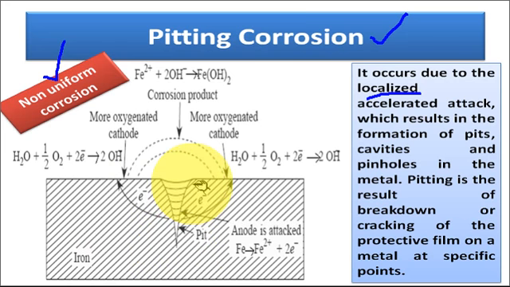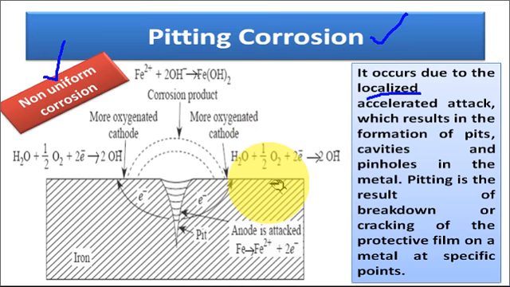Pitting may be caused by any of the following reasons. What are these reasons? First is the non-homogeneous external environment. That means a single metal is in contact with a non-homogeneous environment. That means somewhere at the metal surface some reagent, chemicals or electrolyte solution is present, and somewhere it is not present.